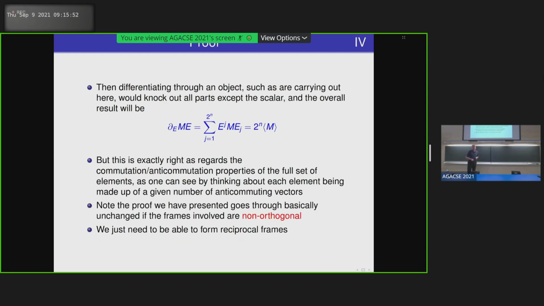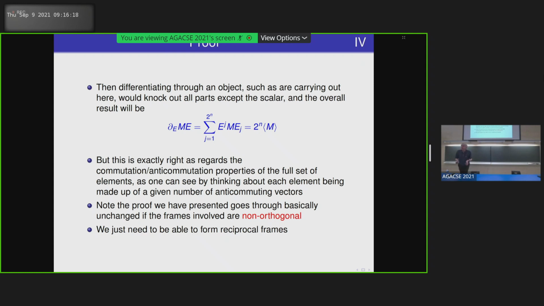Is that true? That's exactly what we would expect. This is just saying that if we're cancelling out in pairs, all we get left with is a scalar, and so we know that d_E M E is 2 to the n times the scalar part of M. And that is exactly right as regards the commutation, anticommutation properties for the full set of elements.